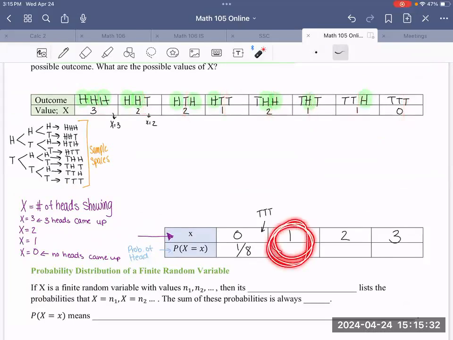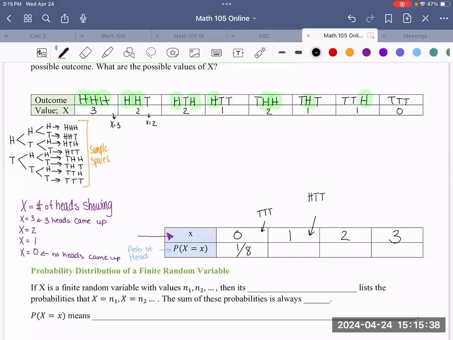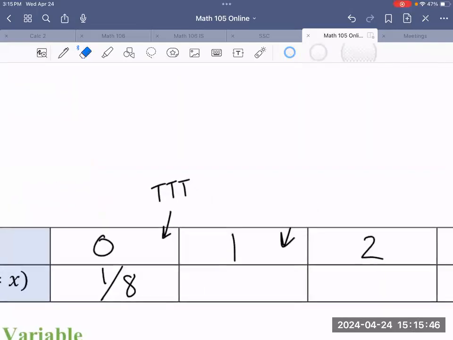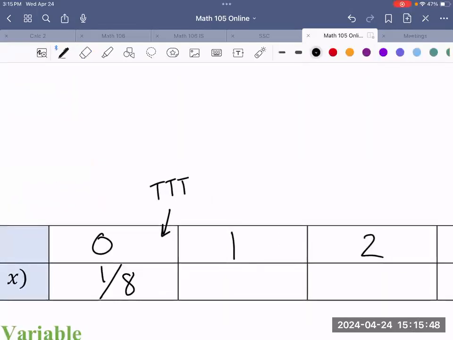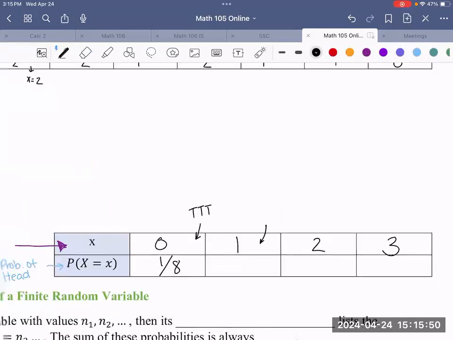How many different ways can a 1 happen? Well, that was by heads, tails, tails; tails, heads, tails; and tails, tails, heads, right? Actually, I'm going to rewrite that to make it look just a little better.